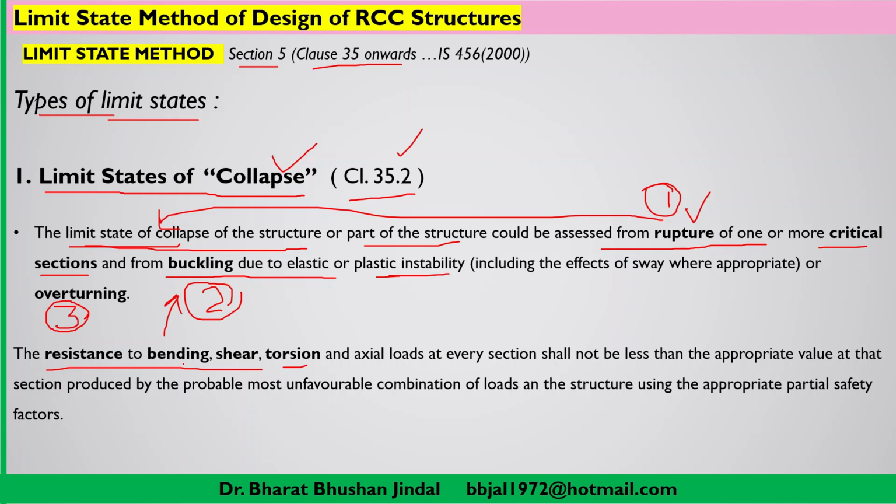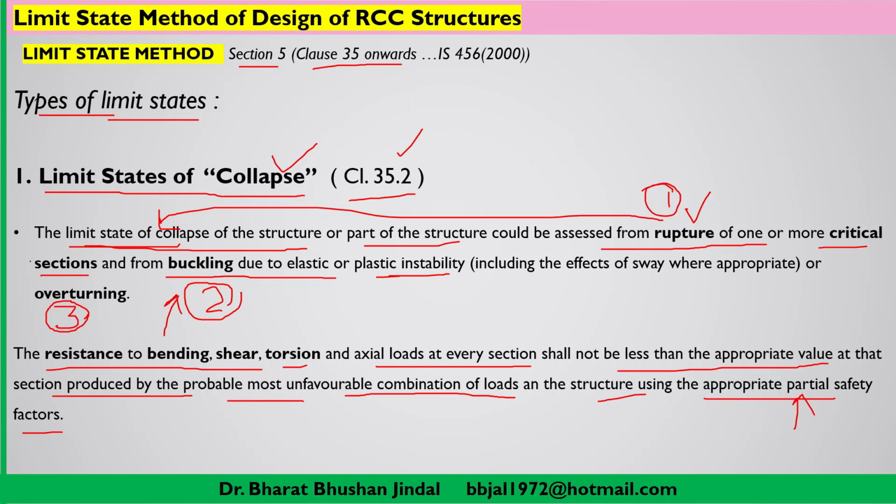So the resistance to bending, shear, torsion and axial load at every section shall not be less than the appropriate value at that section produced by the probable most unfavorable combination of loads on the structure using the appropriate partial safety factor. So here we are terming it as the partial safety factor.